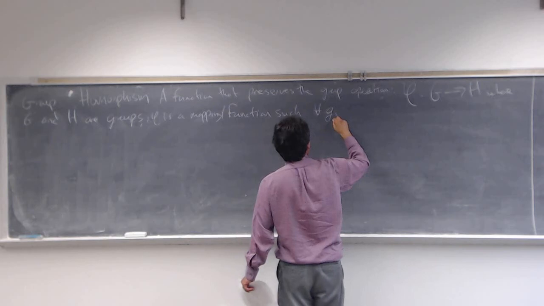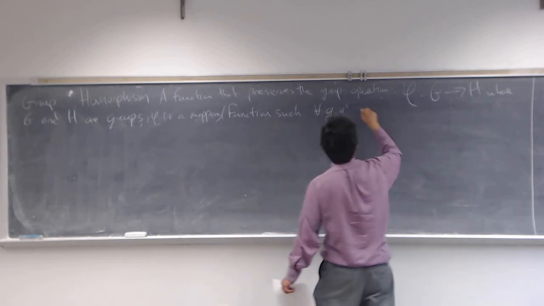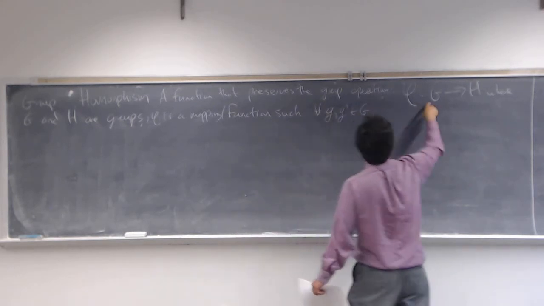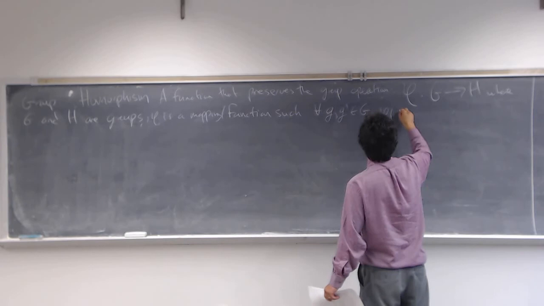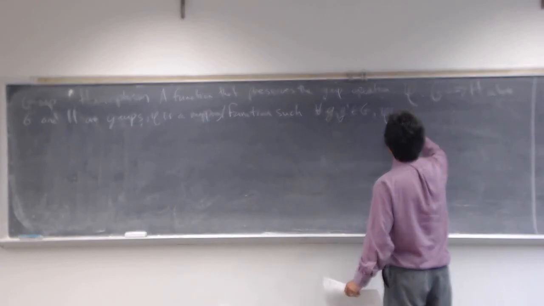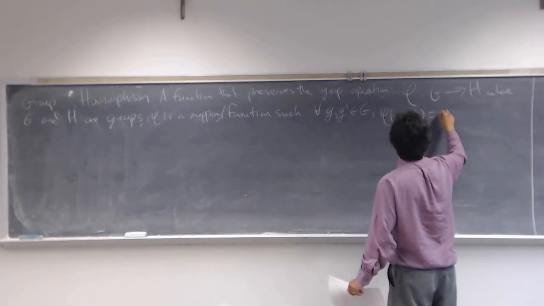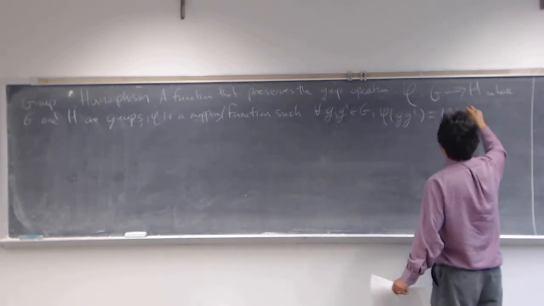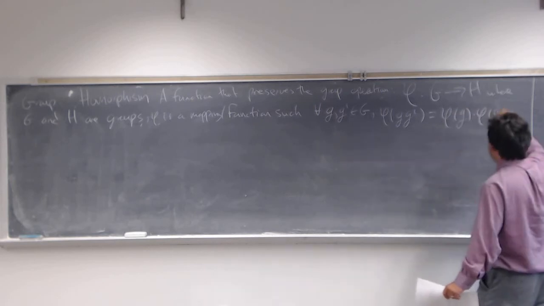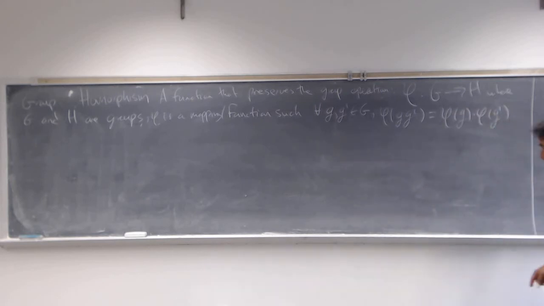Such that if we take any two elements, say g and g prime in G, then phi of g times g prime is the same as phi of g times phi of g prime.